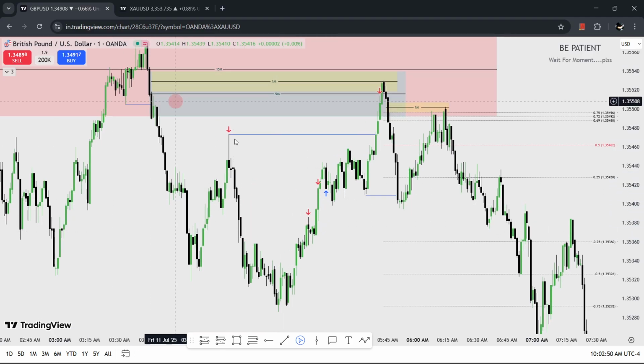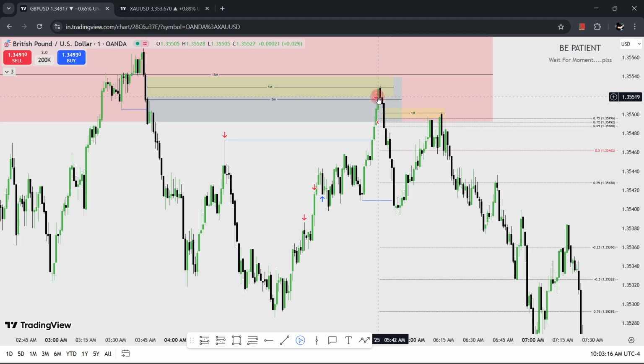So I put an entry on this fair value gap. That is this entry. Both got stopped out above when it came here. I think I put my stops around here, but due to spread, it took me out from here itself.